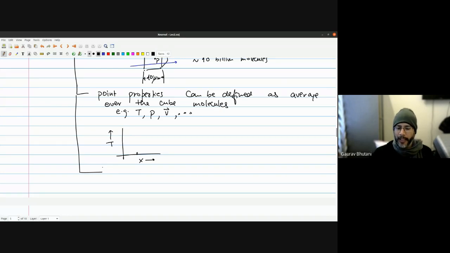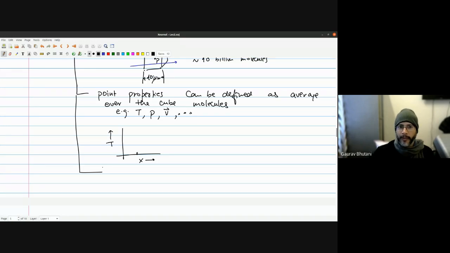So if you start drawing these hypothetical cubes in the vacuum chamber, you'll see that you'll have very few molecules. So the average will not be a very good average. If you move from one point to the other, then suddenly you'll see discontinuous jumps in properties because the number of molecules you're averaging is very small. So there the continuum concept will fail.